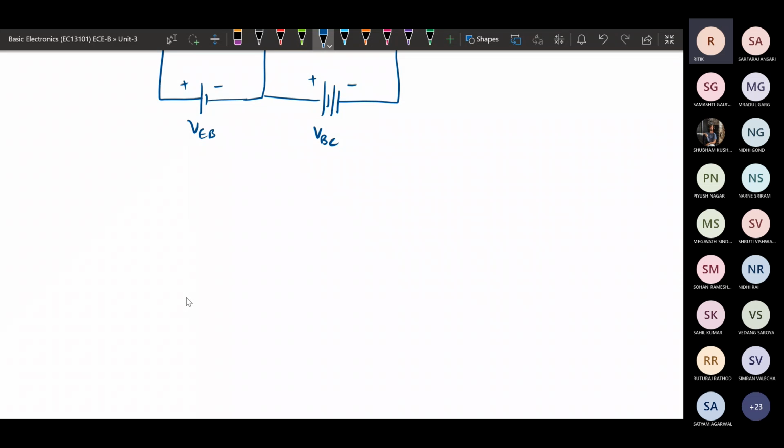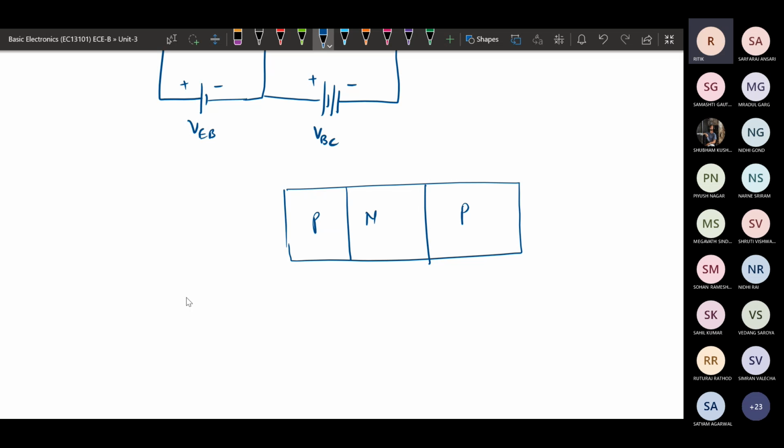Suppose this is the PNP transistor, and this is the base width, the total base width. But as we apply reverse bias to the collector junction, what happens?